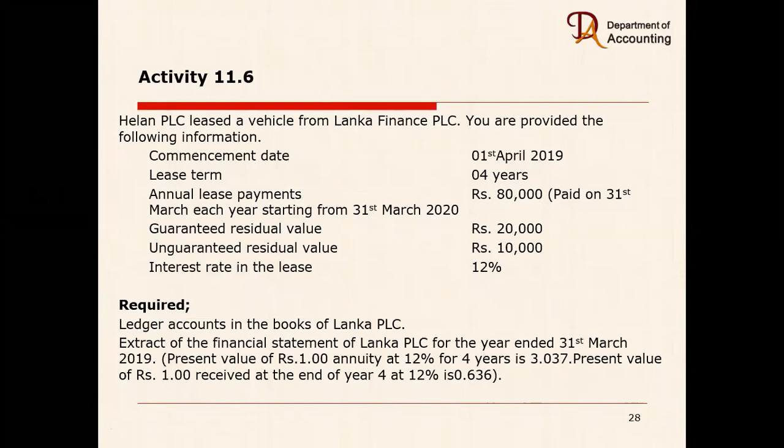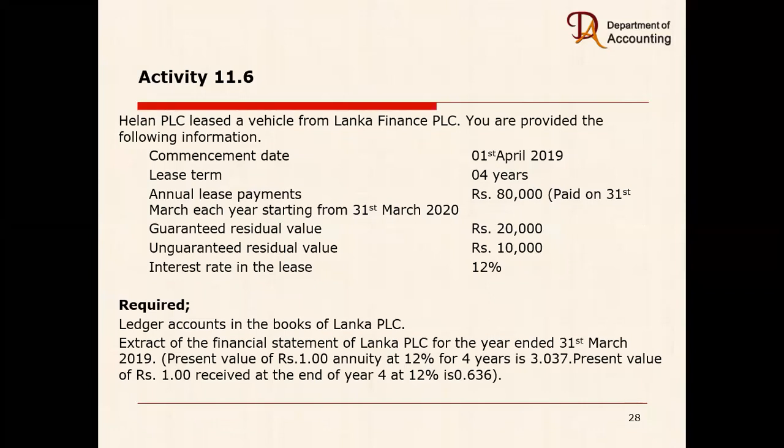Instead of taking these payments separately and discounting them, you may go for an easy approach using the annuity factor. Once you apply the annuity factor, if you multiply it by 80,000, it gives you the present value of all these payments of 80,000 at the end of each year.